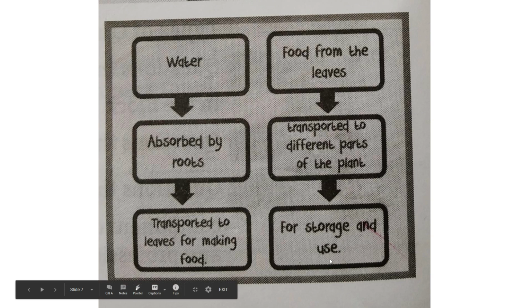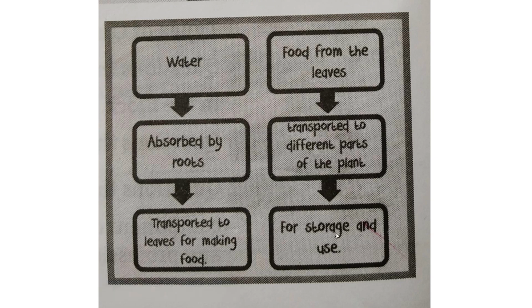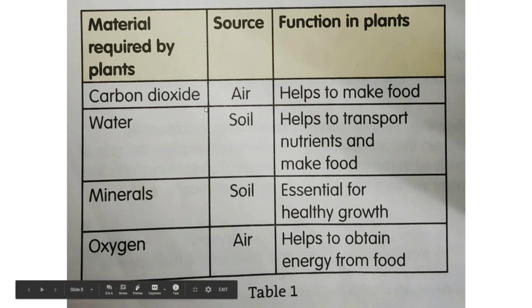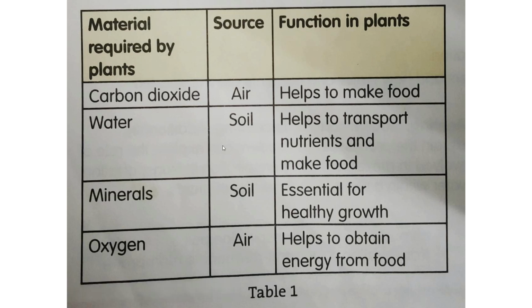Like use for growth and development, and to release energy in respiration, and excess food is stored inside the plant body in different regions like the root. So materials required by plants are carbon dioxide, water, minerals and oxygen. Sources are, for carbon dioxide it is air, for water it is soil, for minerals also it is soil, and for oxygen it is air again.